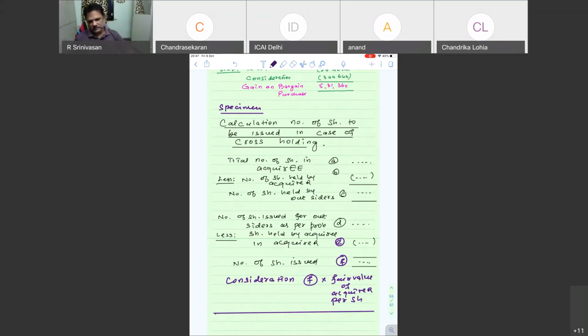It is not a subsidiary and holding company concept. There only NCI, non-controlling interest and all will come. This is the case of amalgamation, so there is no chance of NCI. NCI we will do later, in consolidation. Anything else?